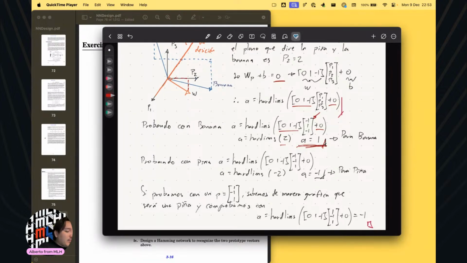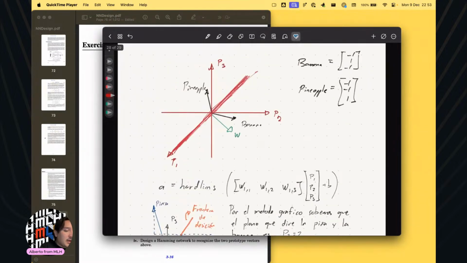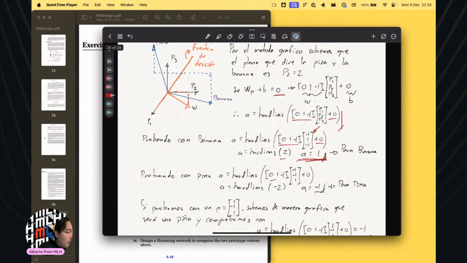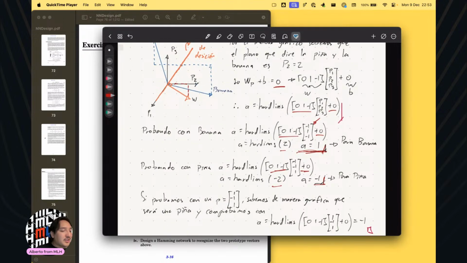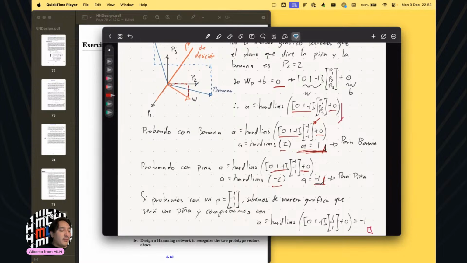Let's do it with the pineapple. We substitute -1, -1, and 1, which is the one we have here. Same weight vector, same matrix, and we have a -2 passed to the hardlims. That means -1, so it's classified as pineapple. Finally, let's try with a new vector, one that is not in the banana or the pineapple prototype.